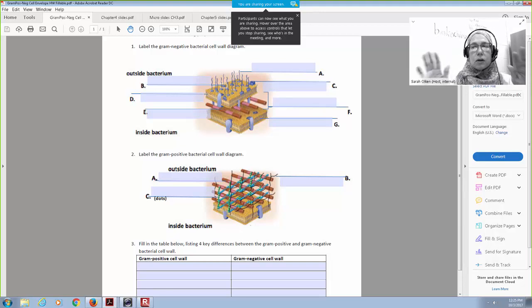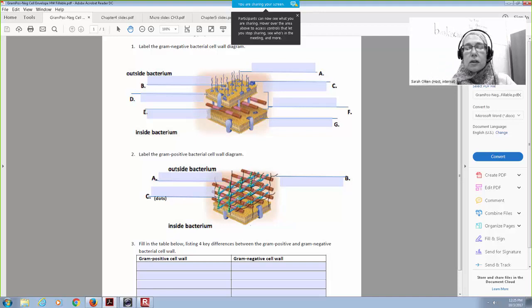So that's one of the main differences I want you to remember between the cell membrane and the cell wall. Now the cell wall, especially when it has many layers like in the gram-positive, is what gives the strength and determines the shape of the cell.